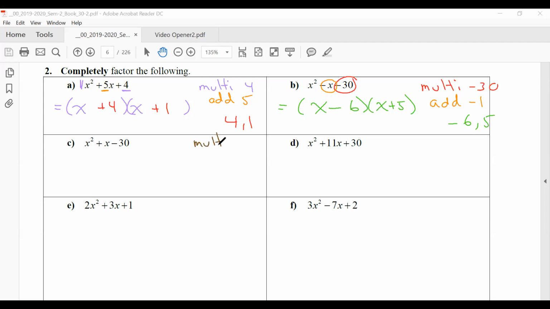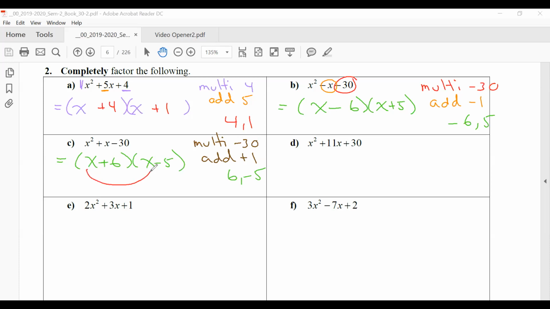So the next one multiplies to negative 30, adds to positive 1. So this time my two numbers will be positive 6 and negative 5. It's really easy when we start dealing with these negatives to get our signs mixed up. I would always like you to take just a quick second to see if you got your answer right. I am checking my work.